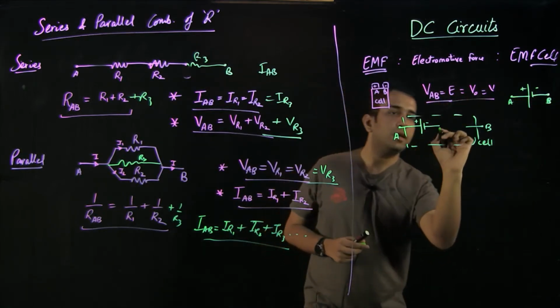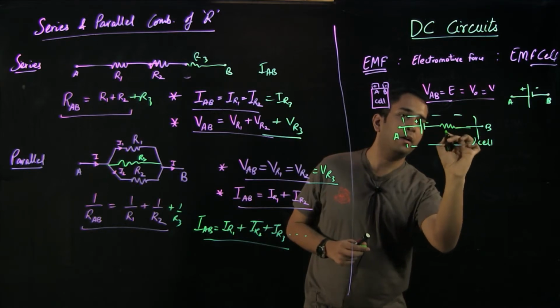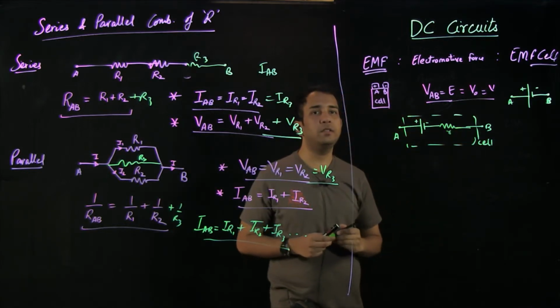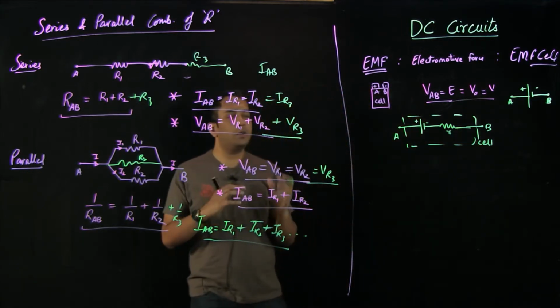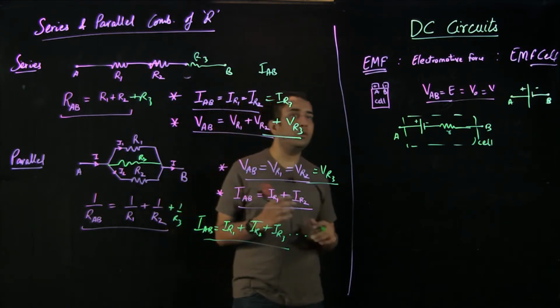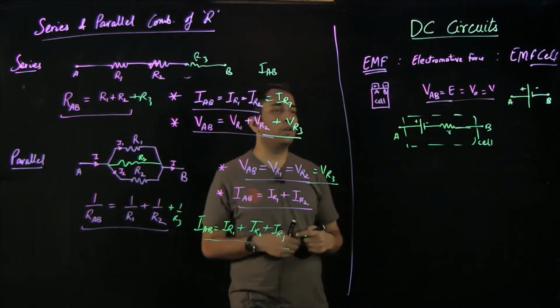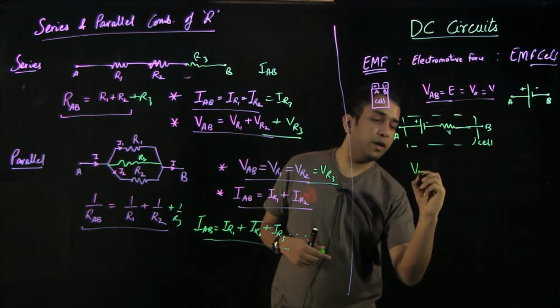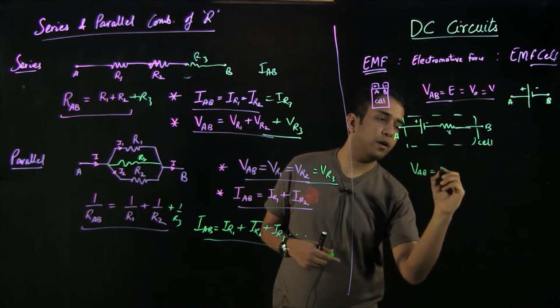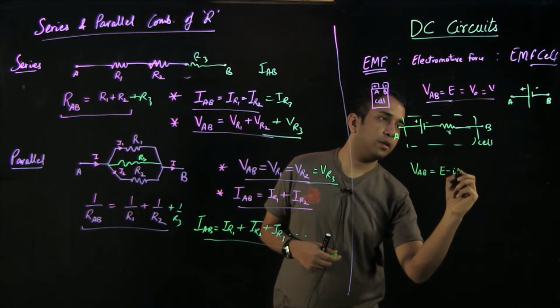In this case I have to add a small internal resistance r, which is generated inside the cell due to the chemical reactions which are going on. And now the net V_AB is defined as E minus Ir.